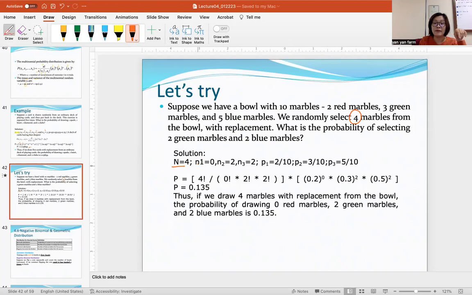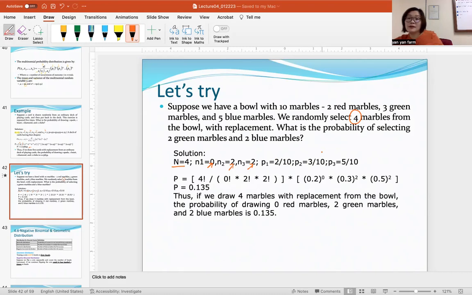So let's say n1 is red. I don't have red. I have 2 green. I have 2 blue. Okay, so the probability for me to get the green marbles is 3 out of 10.